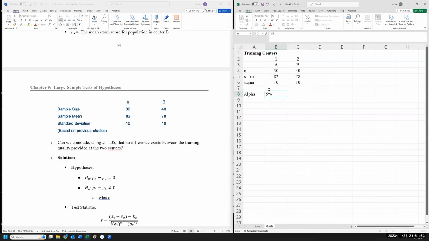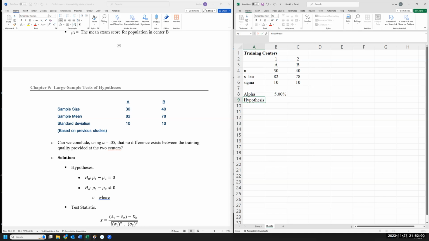Can you conclude using alpha of 5% that there's no difference between the trainings? So again, no difference exists. That means the hypothesis testing is a two-tailed test.